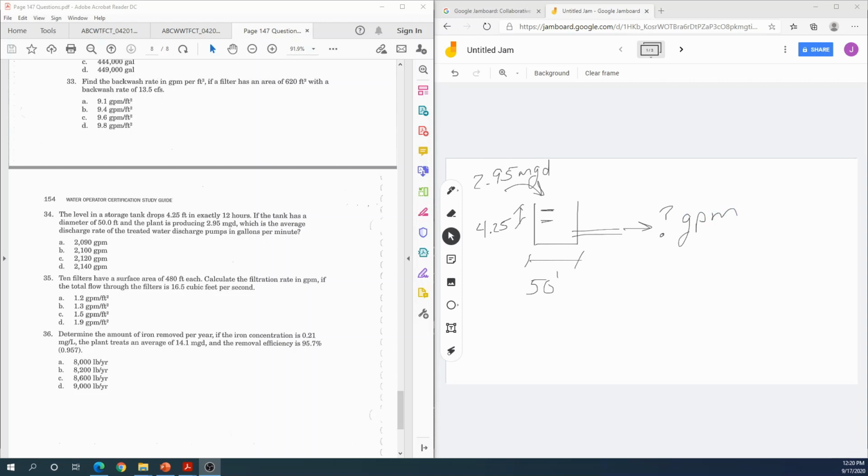So first thing is, let's go ahead and start with our million gallons per day. Because we got gallons per minute that we're trying to solve for, and we got million gallons per day coming in.